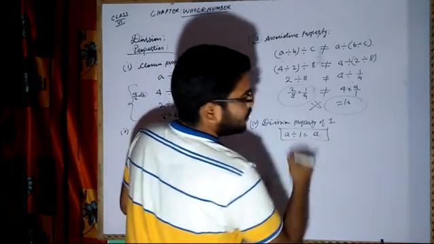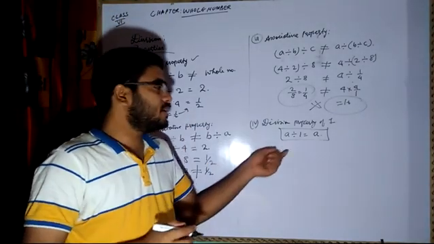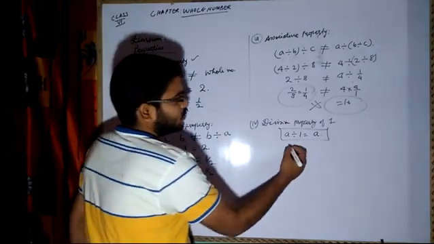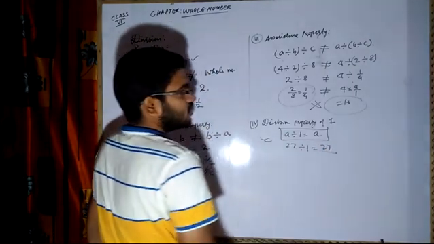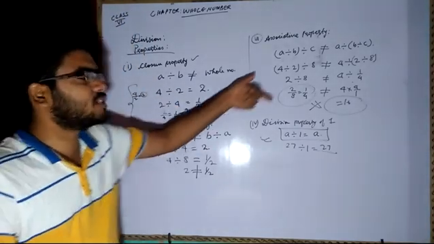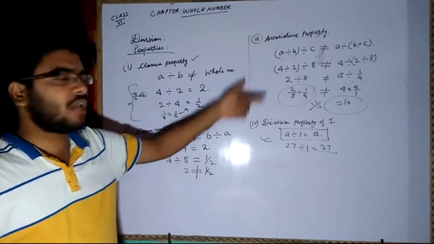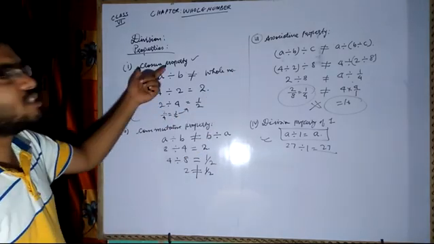So in case of multiplication, the multiplicative identity was valid, here also it is valid. Suppose I have 27 divided by 1, the result will be 27. So this case is only valid, while all other cases are not valid. In some cases they hold and in some cases they do not hold. So it is not always true.